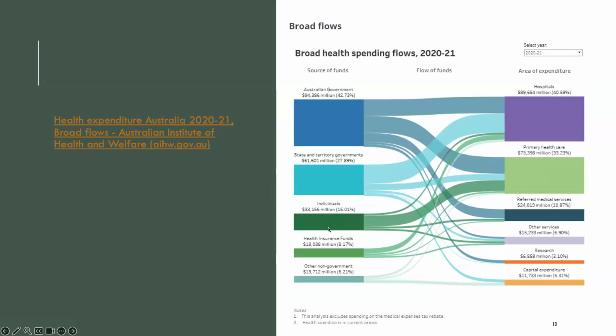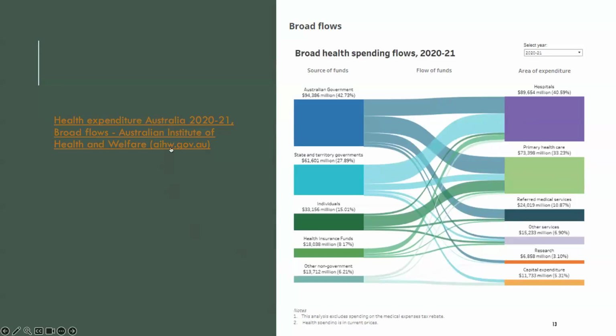And you even have details on what individuals themselves fund. Of course, you'll see that individuals mostly don't fund hospitals, but much of their funding goes to primary health care. And a bit of their funding goes into referred medical services and all the other services I have listed there.